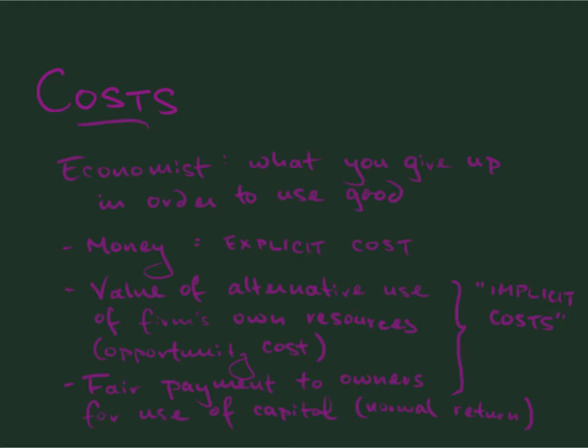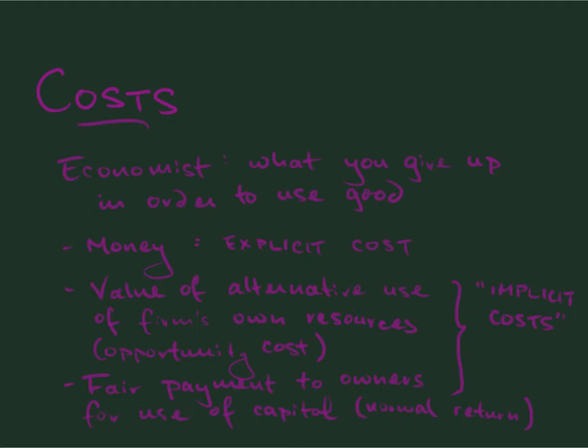We call these costs that are not monetary transactions implicit costs. And I've labeled here one type of implicit cost: opportunity costs, the value of the alternative use of these resources. Another type of implicit cost is paying profit to the owners of the business. Now, this is a little bit tricky and confusing.